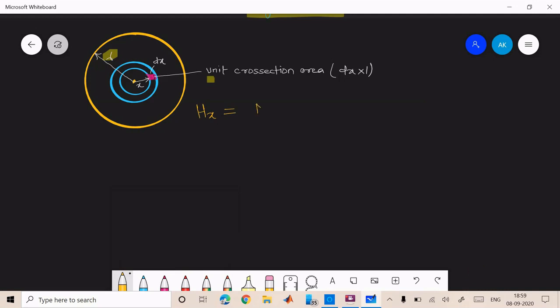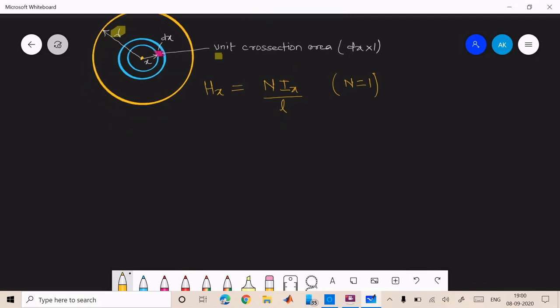So your N is your turn, and current, here current will be Ix, and length is your L. Here N is 1 because we are having a single conductor.